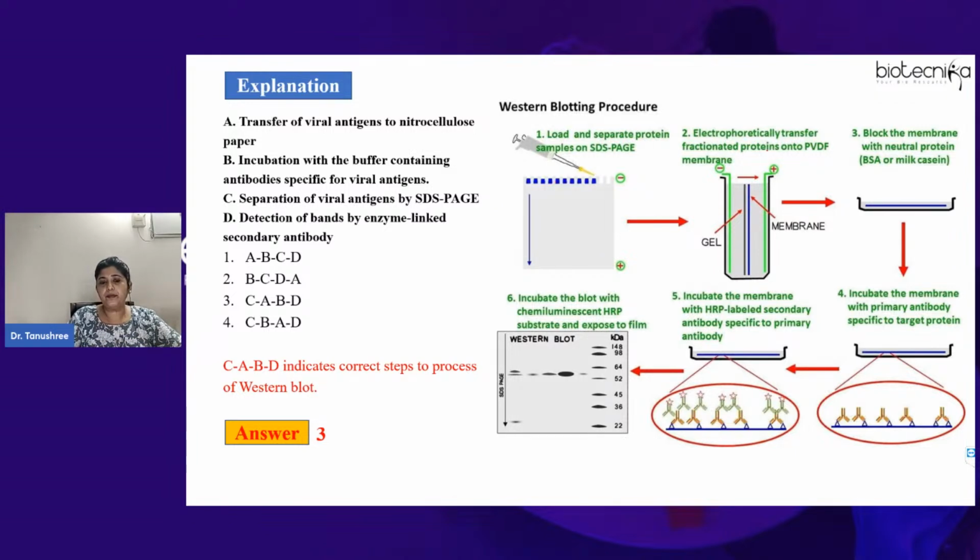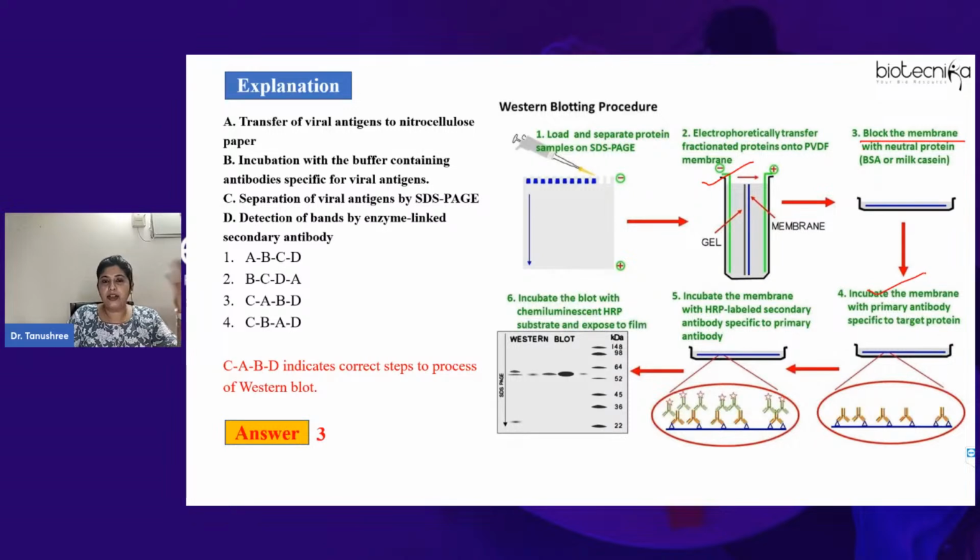Once the electrophoresis is done, you perform the blotting, where you transfer your antigen onto the membrane. You can even block the membrane, because you want the antibody you add to bind to the specific antigen and not anywhere else on the membrane. So you can block the membrane by adding BSA or milk casein, and then you can add the antibodies.